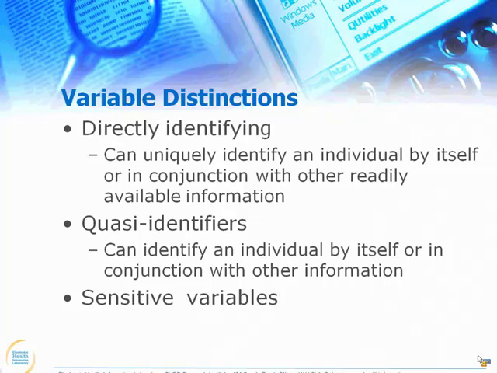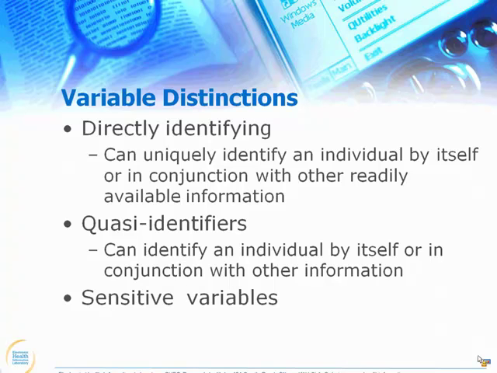One is that the boundaries between these three groups are not very sharp. There are some gray areas, but it's still a very useful distinction, because the way the data is analyzed from a re-identification risk perspective will depend on how the data are classified. So usually a determination is made at the very beginning which variables are directly identifying and which variables are quasi-identifiers.